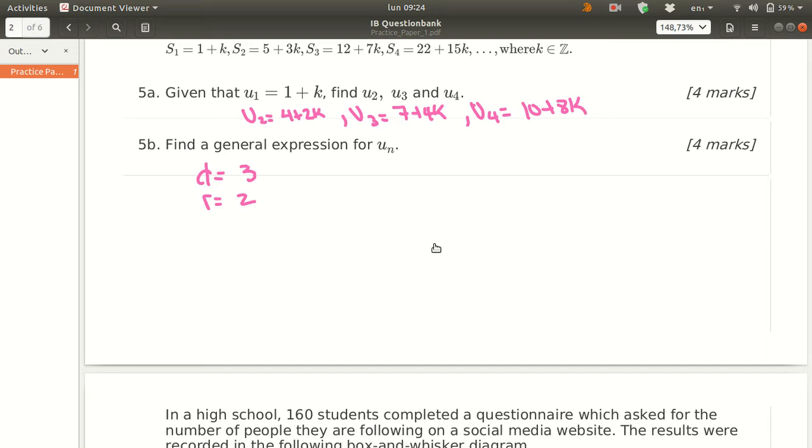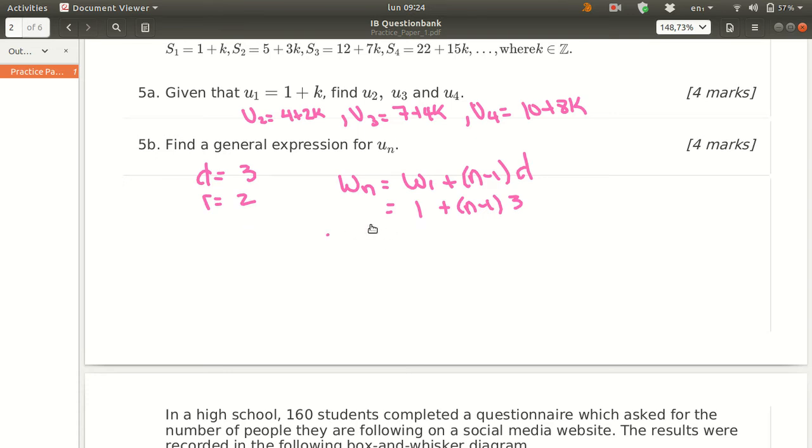So how do I write an arithmetic sequence? So the arithmetic sequence, I'm going to call it, let's say, W sub n is W1 plus (n minus 1) d. And in this case, who is W1? It's 1. And plus (n minus 1), and d is 3. Okay, there we go.